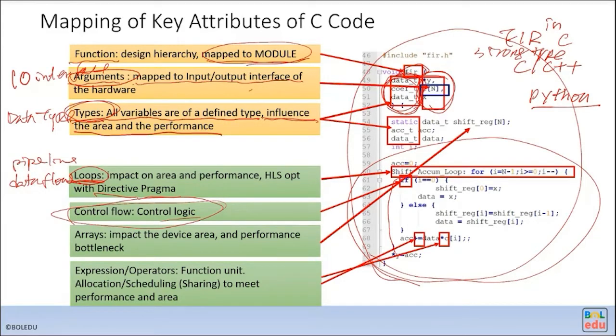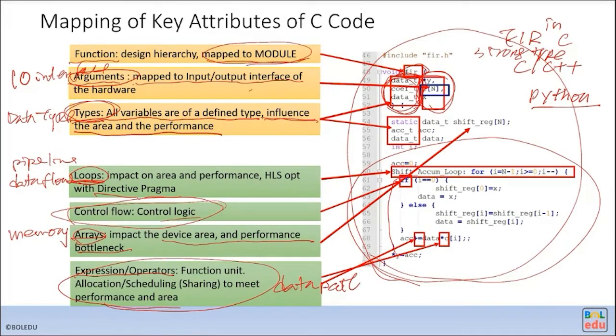And we use a lot of arrays. Arrays actually translate into memory, which also impacts the device memory and performance, because performance a lot of time depends on the data bandwidth, and the data bandwidth is limited by the memory port. We have a dedicated chapter talking about memory. And also there's the expression operator, and that's where the data path comes in.